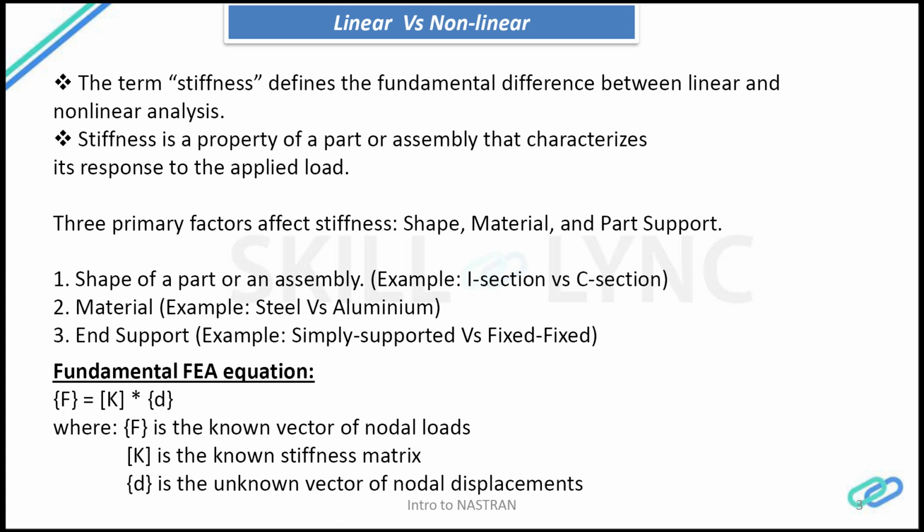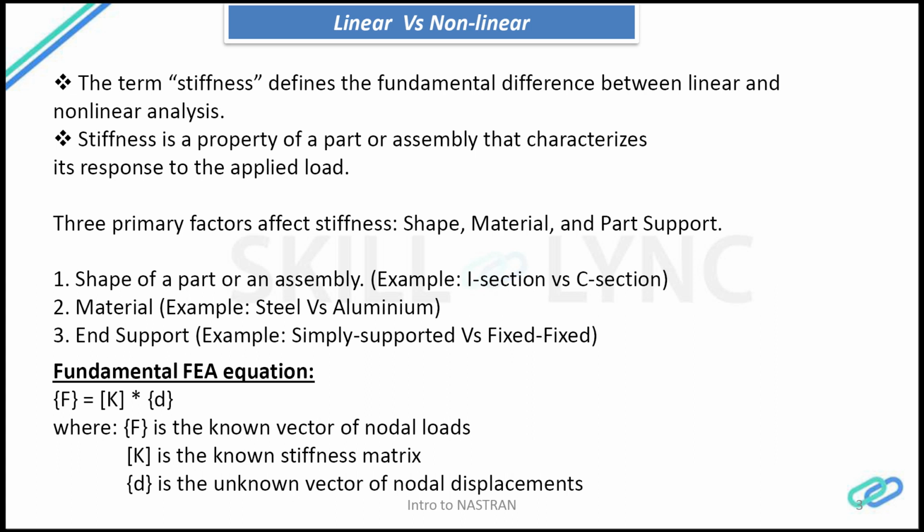Stiffness is the property of the material that it responds to the applied load in a certain fashion. So we can say that stiffness is the resistance to the applied loading.